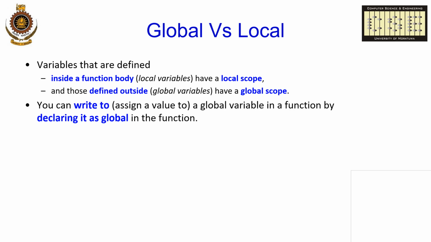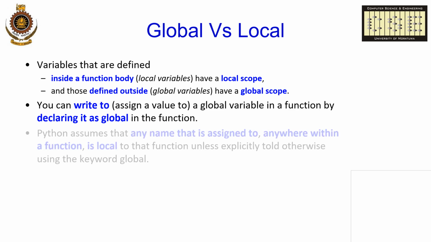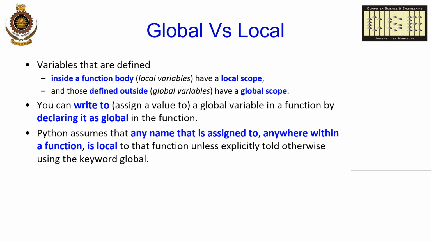However, even inside a function, you could write to a global variable. Then you have to use the keyword global to declare that you are writing to a global variable. Typically, the general rule is any name that is assigned anywhere within a function is a local variable, unless you use this global keyword to say, okay, this is a global variable.